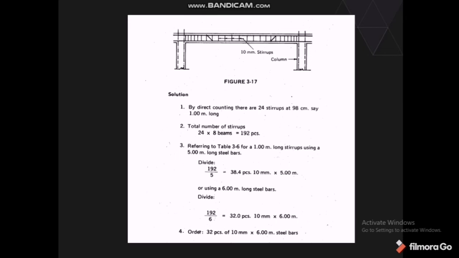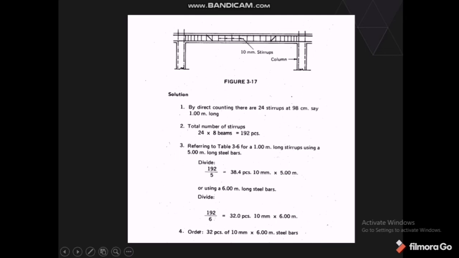For the solution, by direct counting, there are 24 stirrups at 90 cm, say 1 meter long. The total number of stirrups is 24 stirrups times 8 beams, which is 192 pieces.